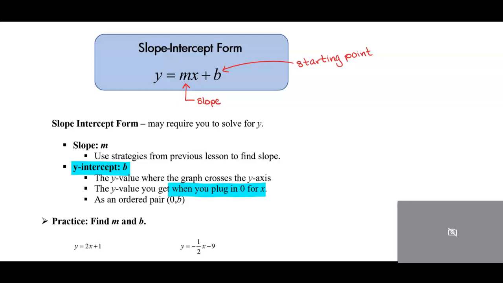As an ordered pair, we write this as parentheses 0, comma, whatever that number is. And that's the first thing you put on the graph. If you can get 1 point on the graph to start with, then from there, all you have to do is count rise and run with your slope in order to get a bunch more points and draw your line. So let's look at a couple of examples and see if we can identify the slope and the y-intercept.